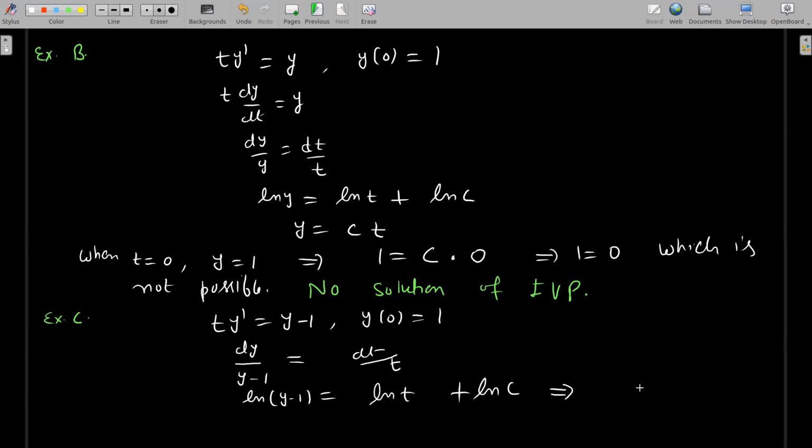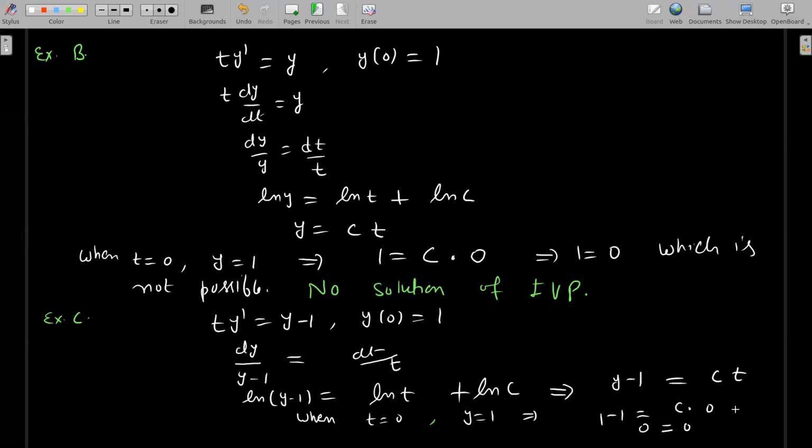So you got y minus 1 equals to constant times t. Now use condition when t equals to 0. ये नोटेशन है ना, y इज ए फंक्शन ऑफ t, तो जो y के ब्रैकेट में है वो t का वैल्यू है. ओके, when t equals to 0, y equals to 1. So fit here, 1 minus 1 equals to c times 0. So 0 equals to 0.